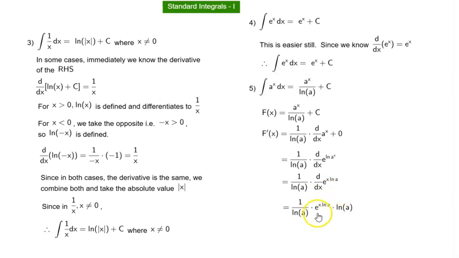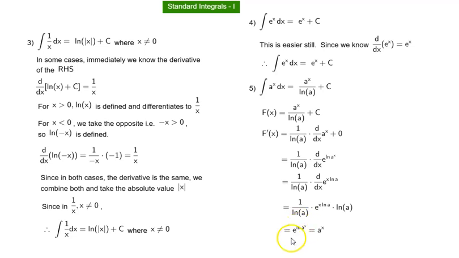E to the power of anything is e to the power of the same thing. So e to the power of x natural log of a, times the derivative of that exponent, that is natural log of a. Natural log of a cancels out, and we are left with e to the power of natural log of a to the power of x.